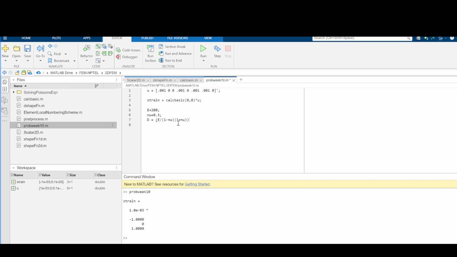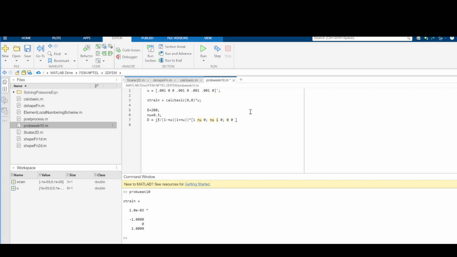So we had 1 nu 0, we have nu 1 0, then we had 0 0.